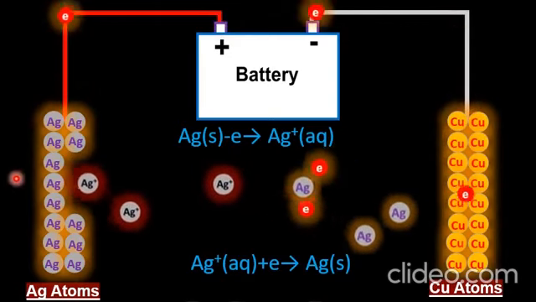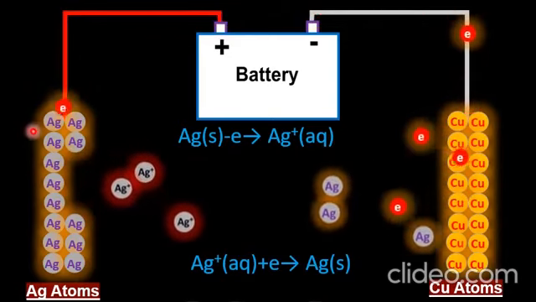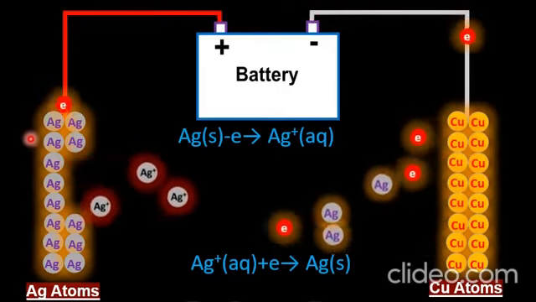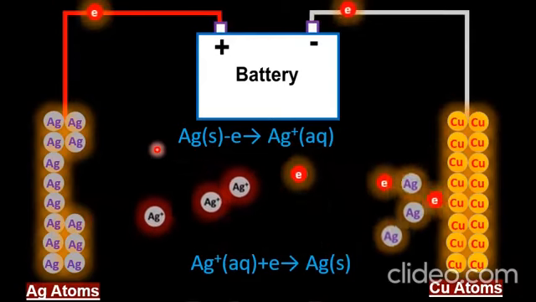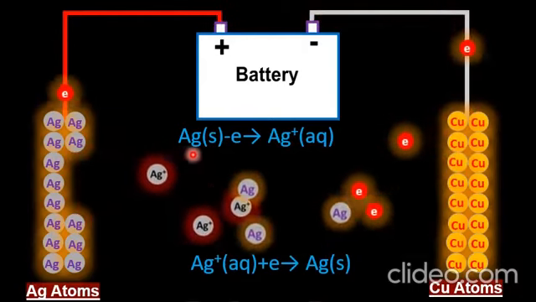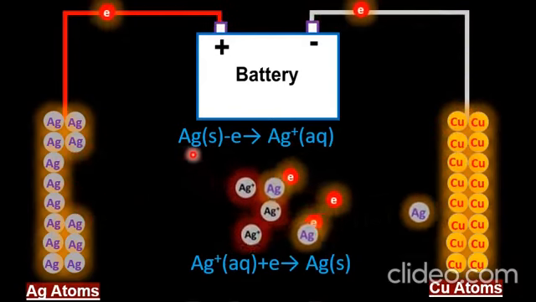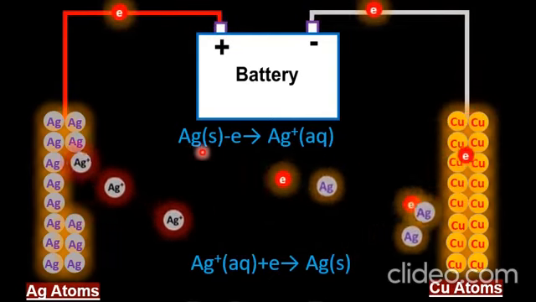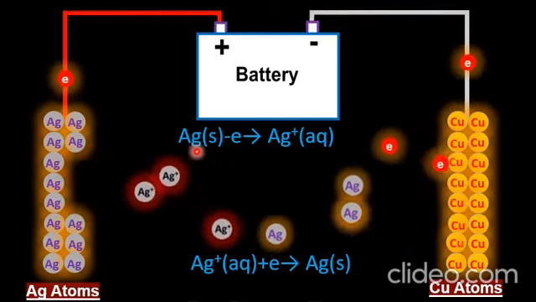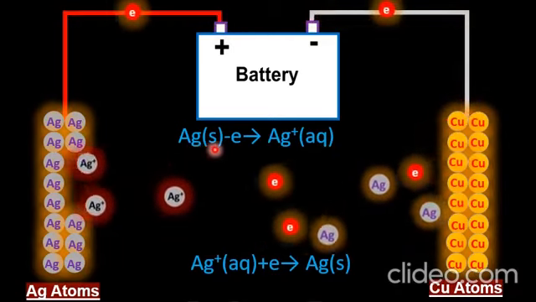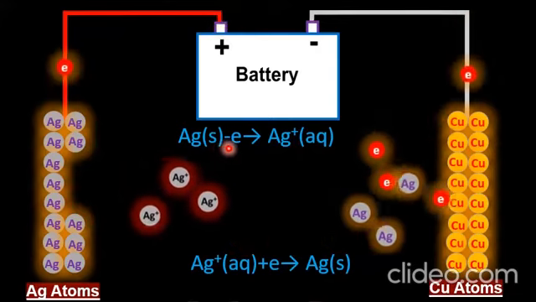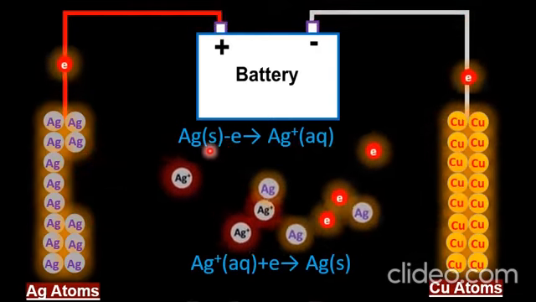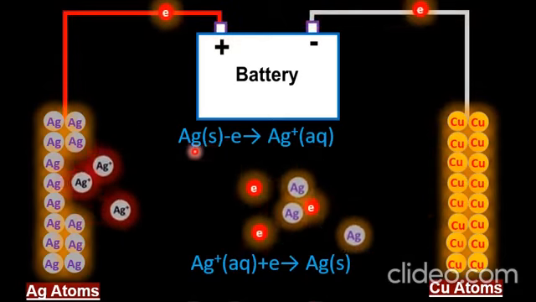The physical state of the neutral silver atom is that they are part of a solid. So we will write silver atom and in parentheses we will write s for solid. Now the silver atom is losing electrons, so I can write minus e. Student, please note that this is for explanation. It is not a correct equation, but I will fix it in just a minute.